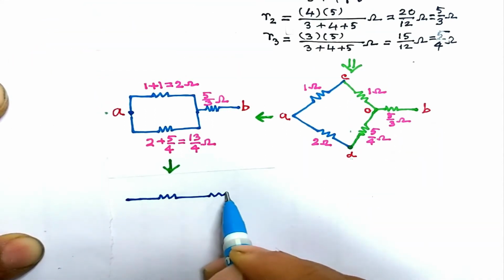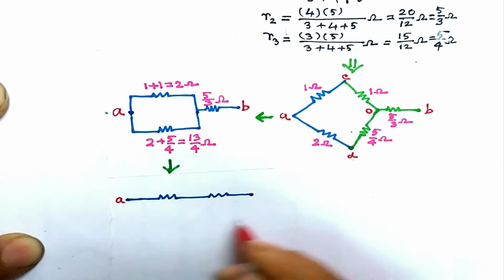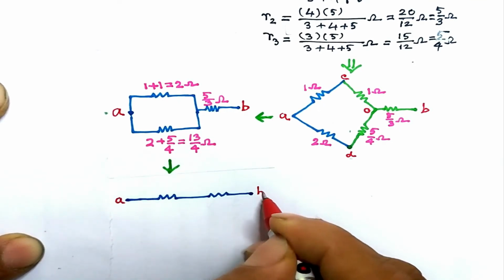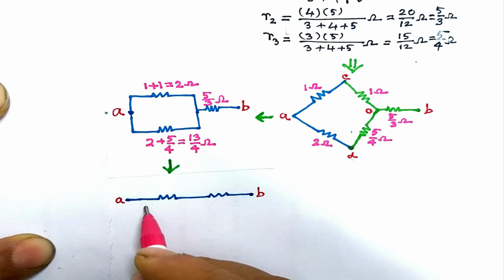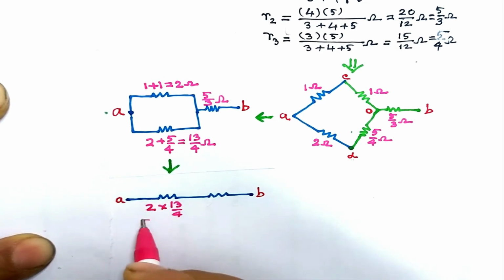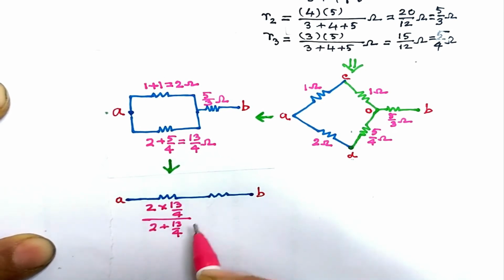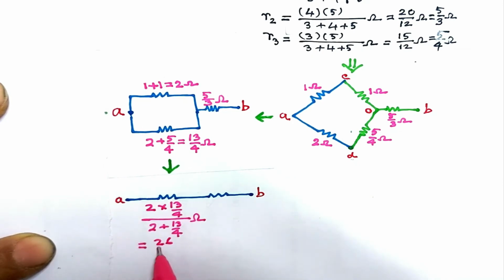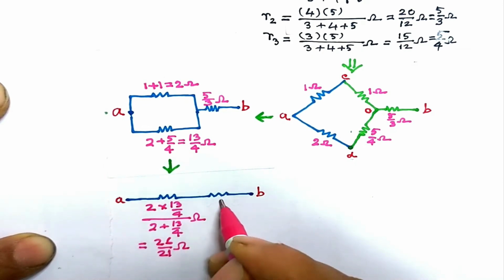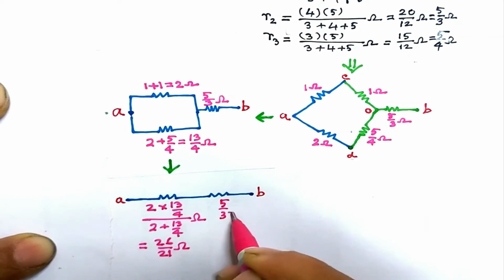Simplify it further. This is the A point and this is the B point. Obviously 2 ohm and 13 by 4 ohm are in parallel. So this resistance is a parallel combination of them. It turns out to be 26 by 21 ohm, and this is 5 by 3 ohm as before.